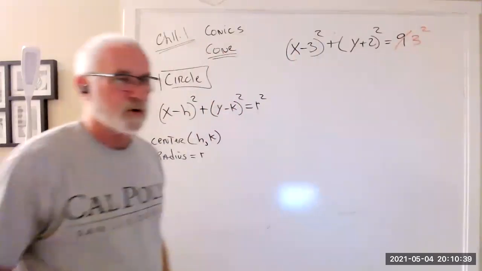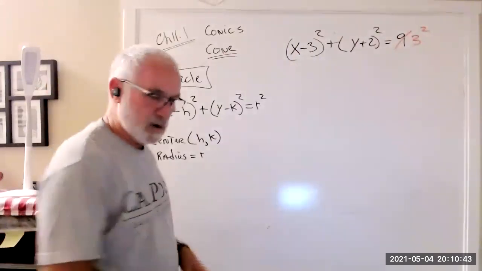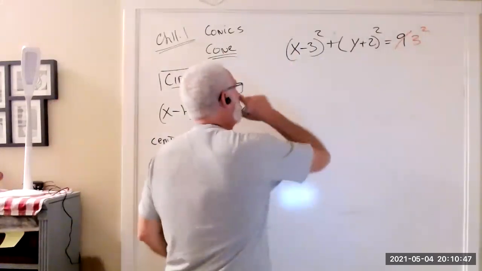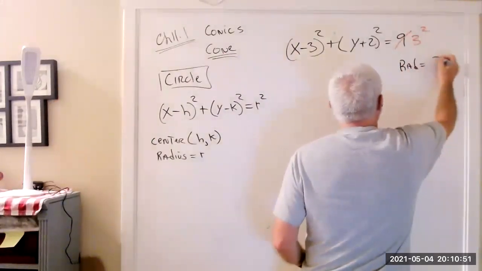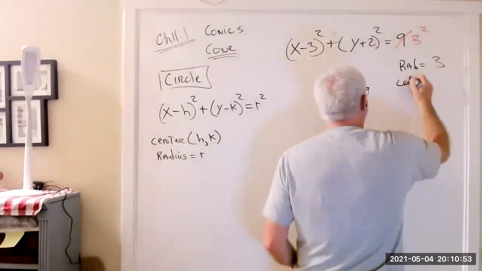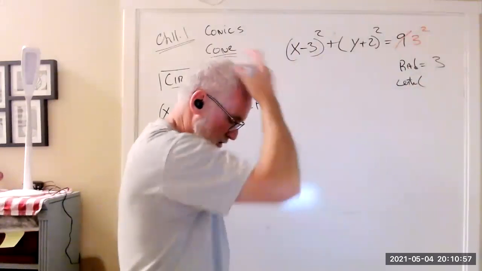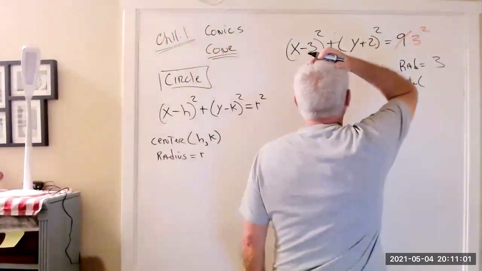Now, question, what's the center of this shape? And this is where we're going to get people into trouble. So the radius is 3, the center. Anybody want to take a shot? -2, 3. You're on the right track.